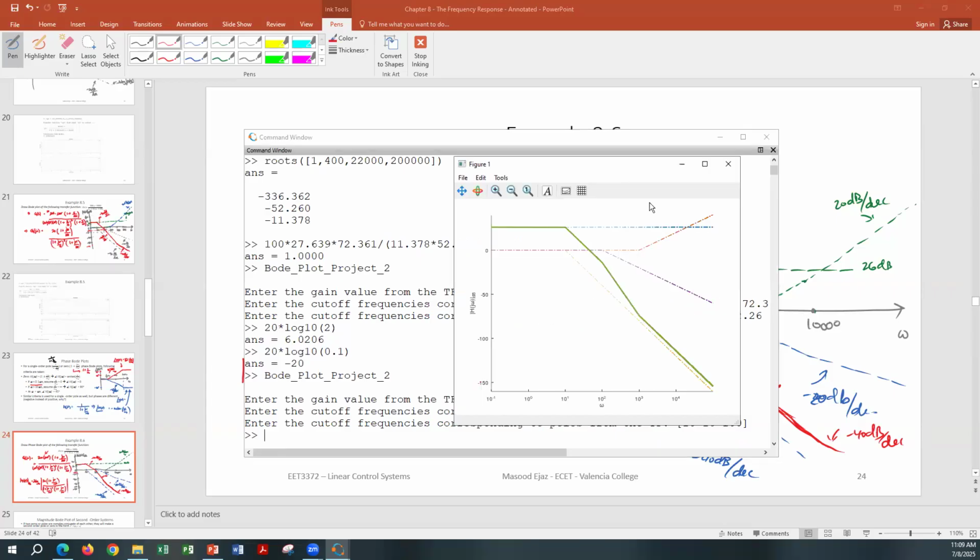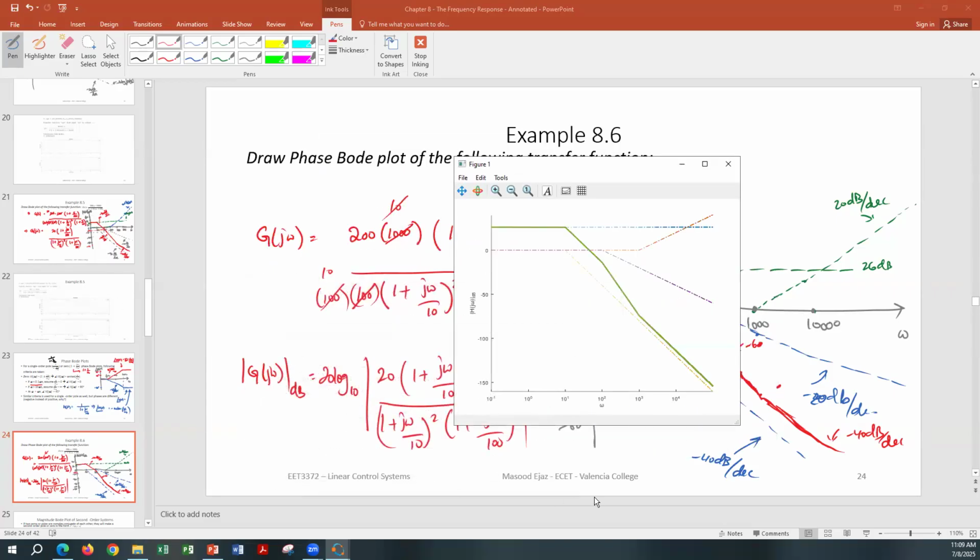So that's how it's going to look. Negative 40 decibel line here, negative 20 decibel, and positive 20 decibel, and 26.